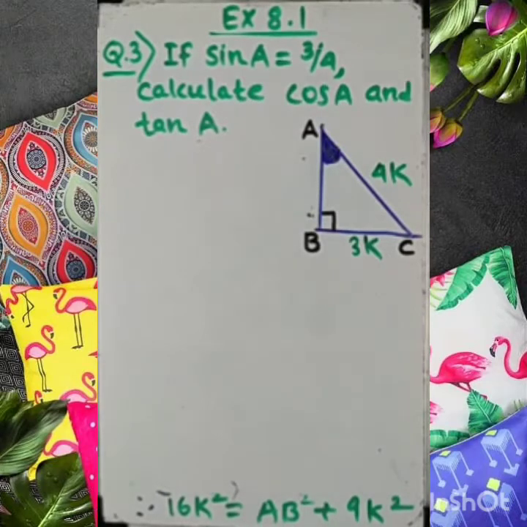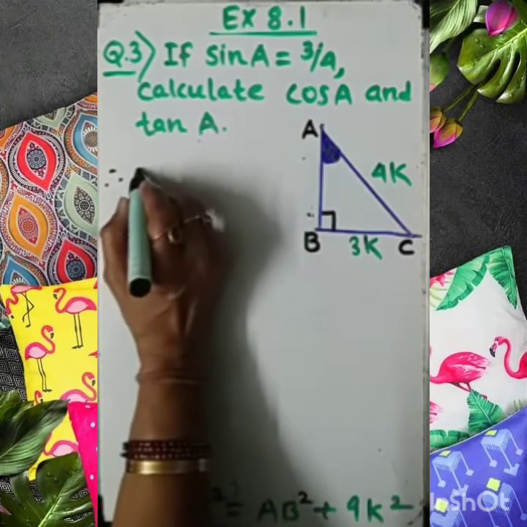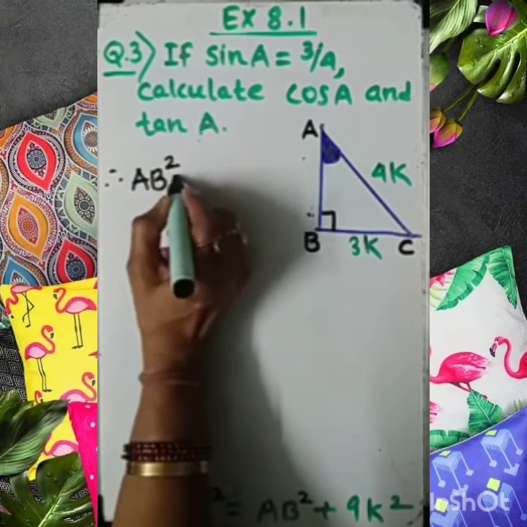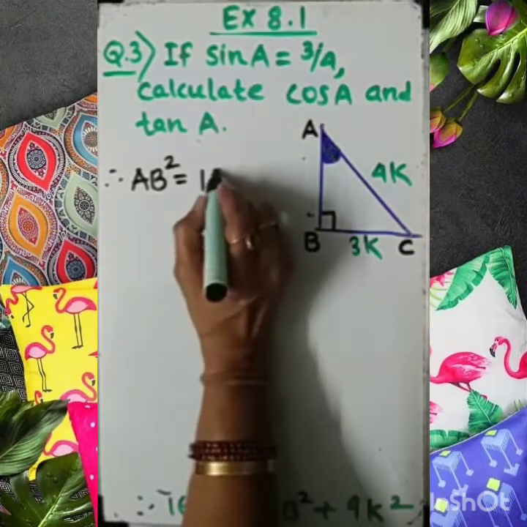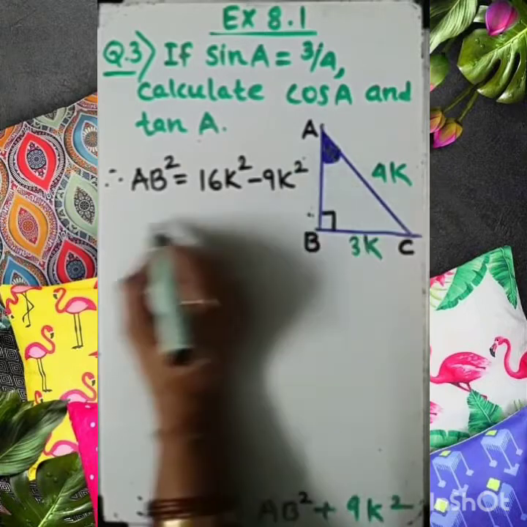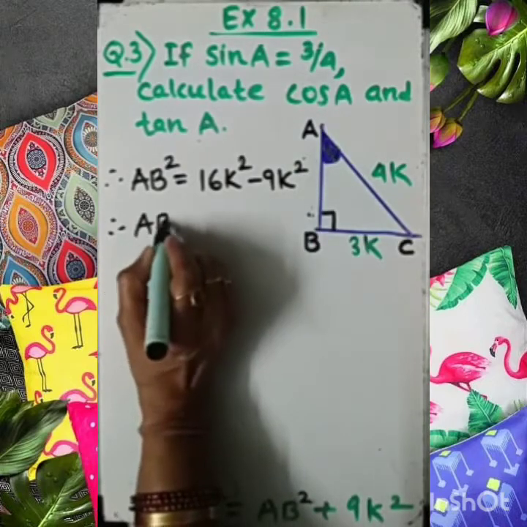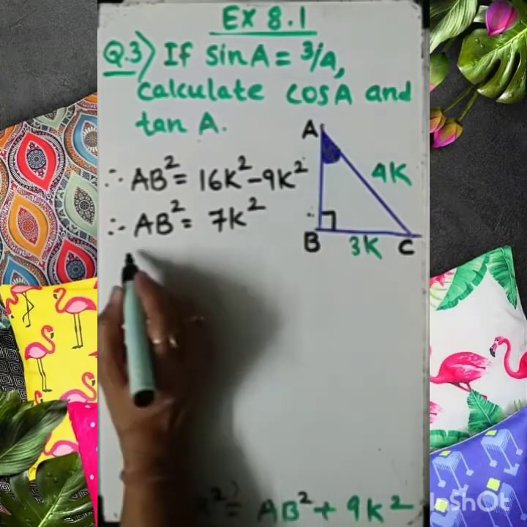In the last step we got 16K square equals AB square plus 9K square. Let me bring this 9K square to the other side. So the next step, AB square equals, making AB square the subject, 16K square minus 9K square. So my dear student, AB square will be 7K square.